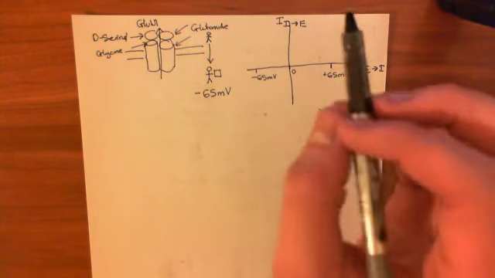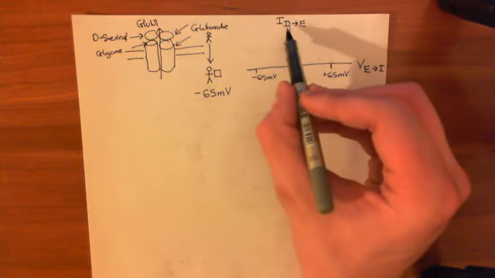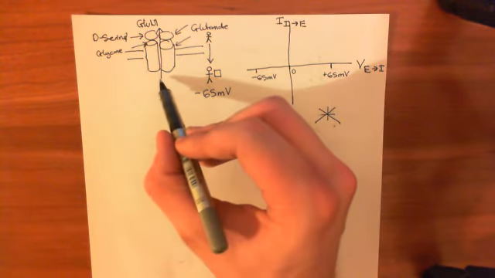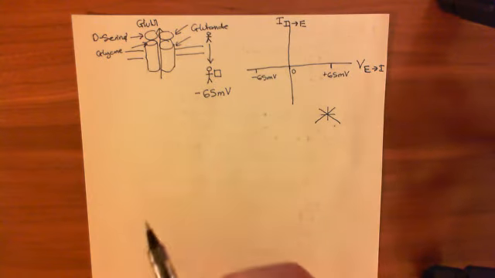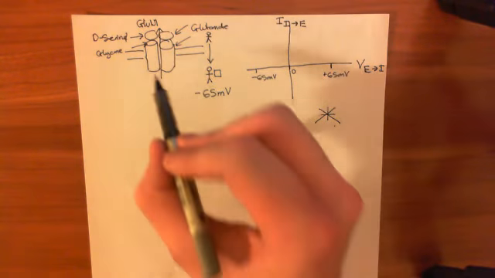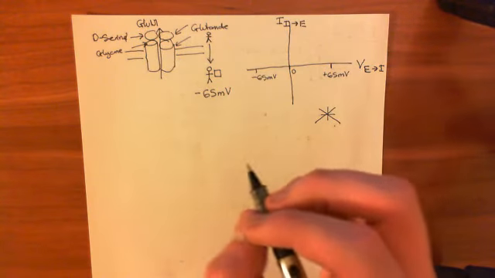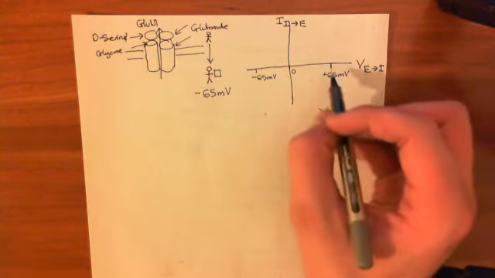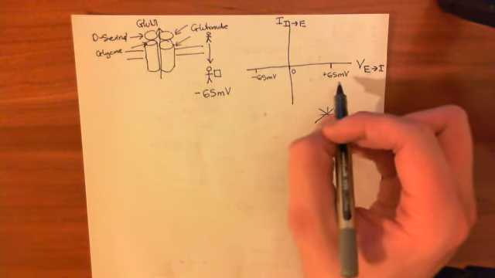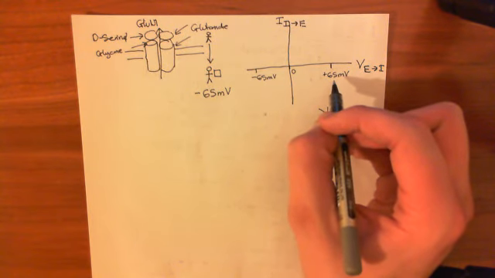Right, so current, what that means is how much charge is moving through this NMDA receptor in a second. And basically it's going to count positive charge as a positive current. So let's start off with positive electrical potential this time, plus 65 millivolts.